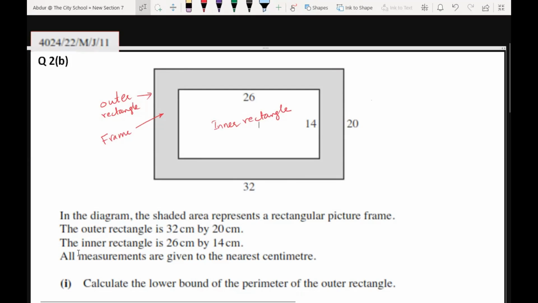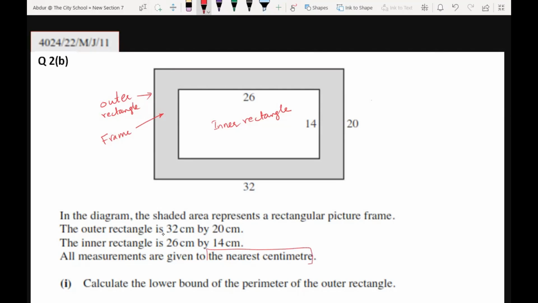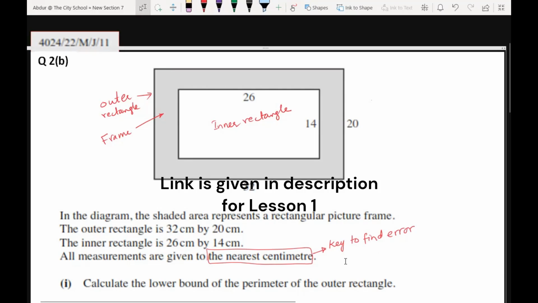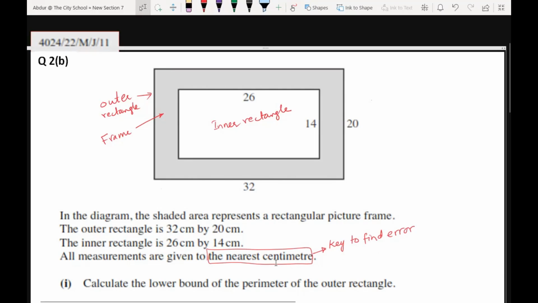Now, all measurements are given to the nearest centimeter. The nearest centimeter is the key to find error. In lesson number 1, I have explained how to find an absolute error for upper bound and lower bound.